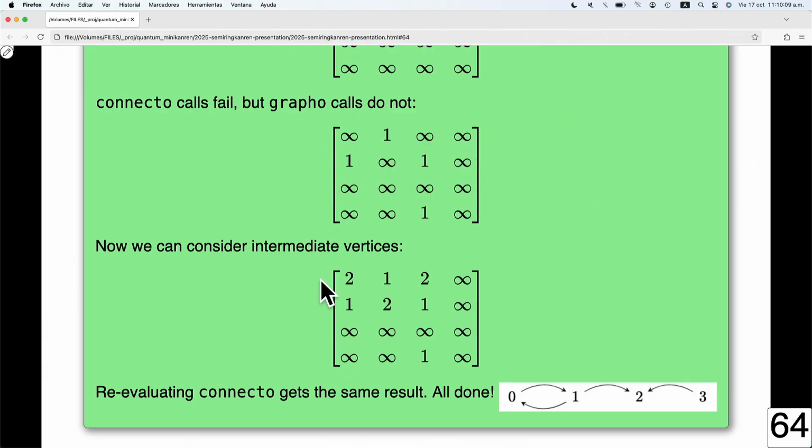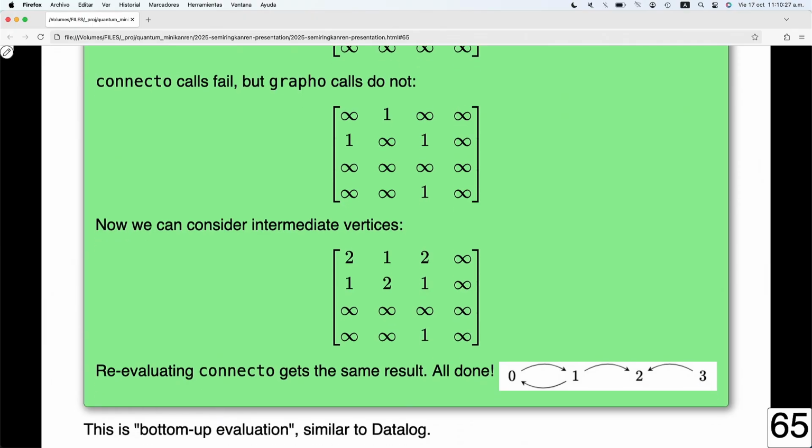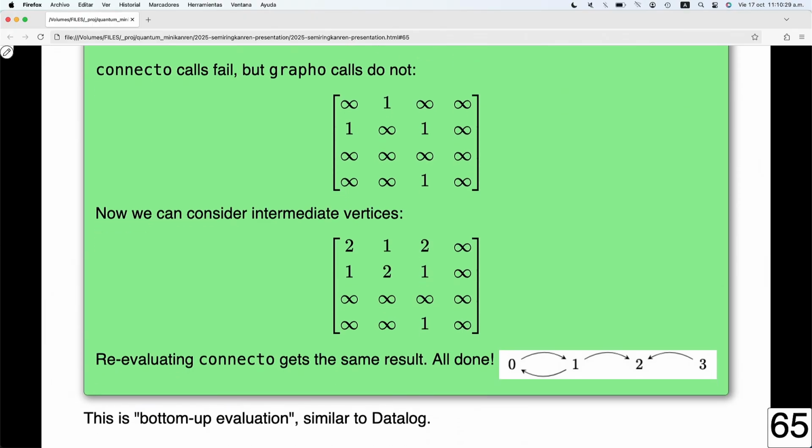So then we can add those together with the intermediate clause and put a 2 there. Similar for the other entries. We reevaluate it, there's no new information, and we are all set for calculating this connectivity. All right, so this is, again, bottom-up evaluation, similar to how Datalog does it.